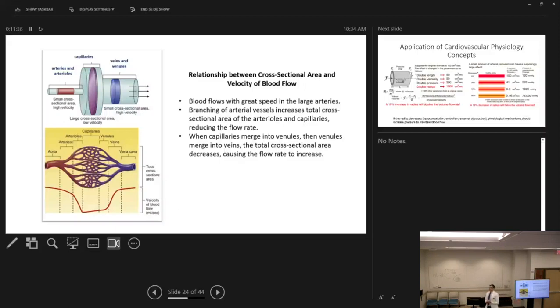While it circulates throughout the capillaries, the blood has to go so slowly that there is time to pick up CO2 and deliver oxygen. If you look at the capillaries, the red blood cells pass through the capillaries one by one.